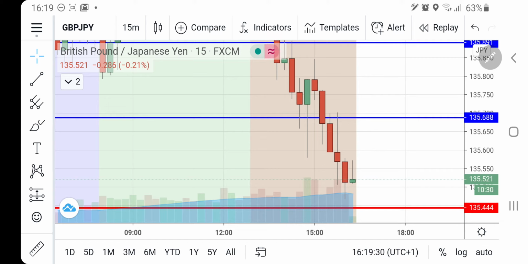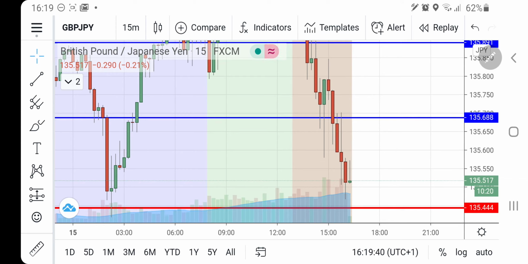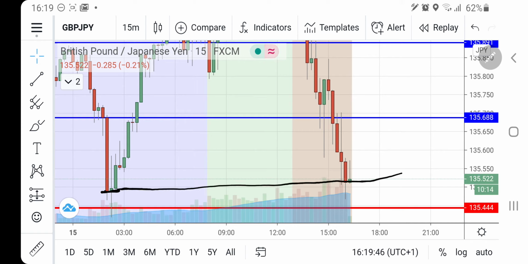So I took that entry there, and my TP was, oh, I gotta go back to see my TP. Okay, my TP was in here. So this zone here. That was my TP.